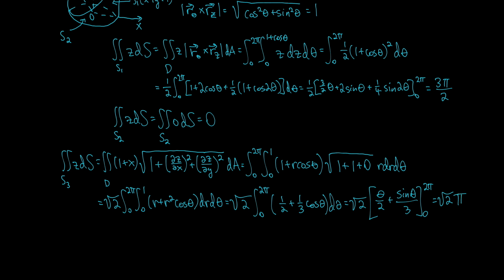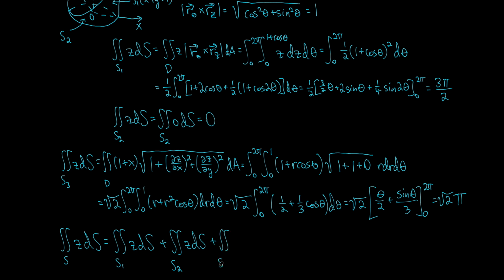and that's just the square root of 2 times pi. So notice it's a little bit nicer when we're able to have z equals a function of x and y, because then we don't have to compute a cross product. So now we have our complete surface integral over S, because we can say that it is just equal to the surface integral over S1 of z dS plus the surface integral over S2 of z dS plus the surface integral over S3 of z dS, which is 3 pi over 2 plus 0 plus the square root of 2 times pi.